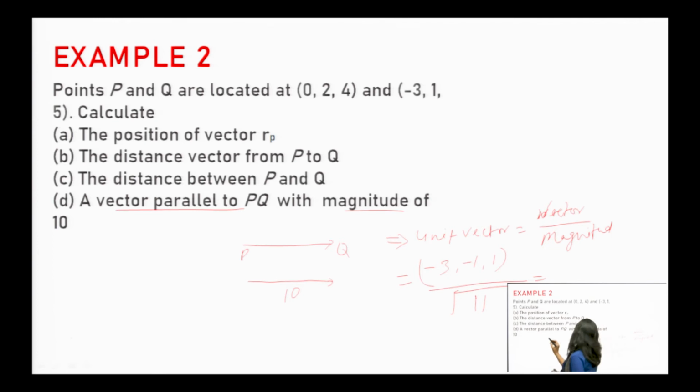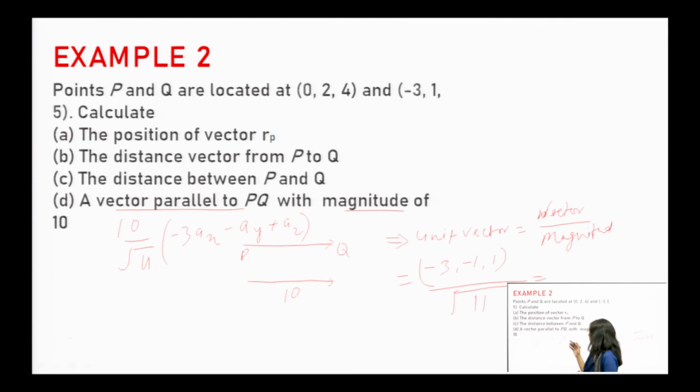parallel vector will be nothing but 10 multiplied by the unit vector, that is divided by root under 11, and we can write this minus 3, minus 1 as a vector as minus 3 ax minus ay plus az.